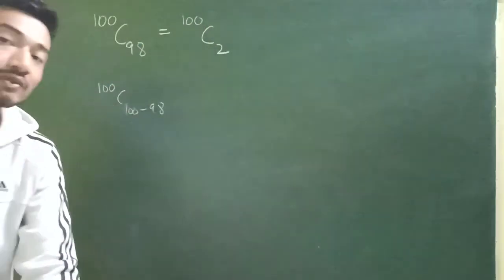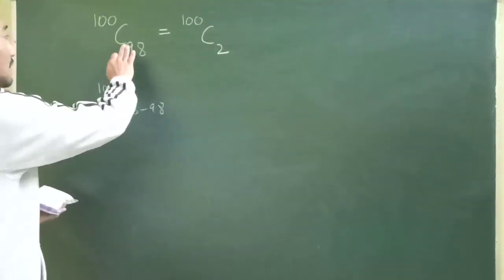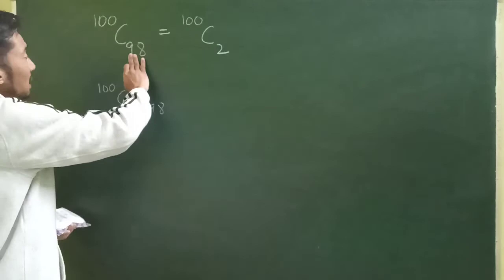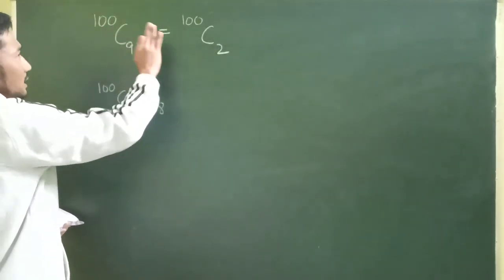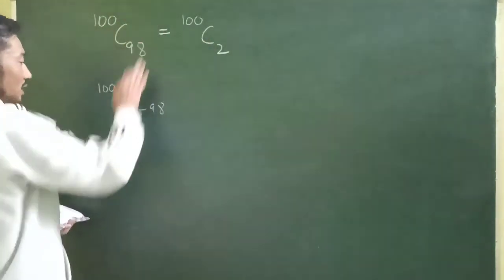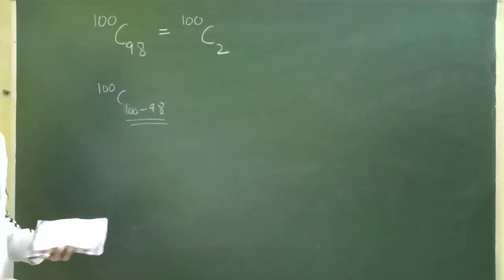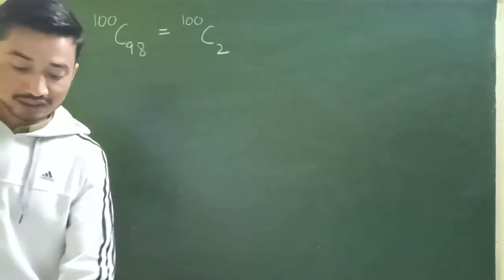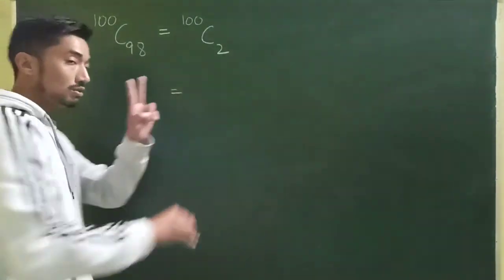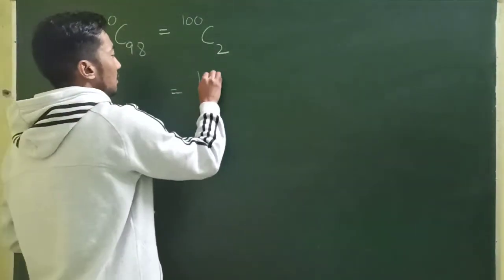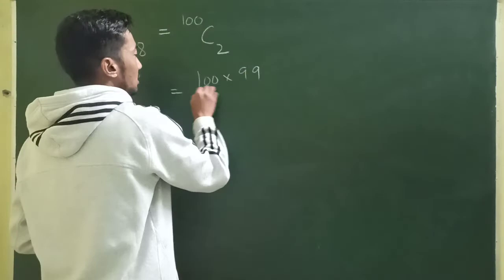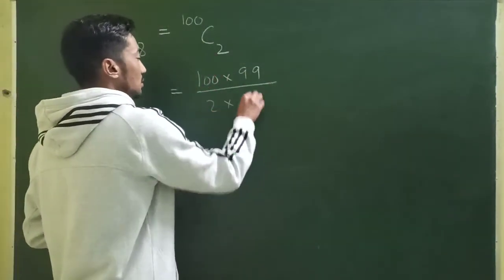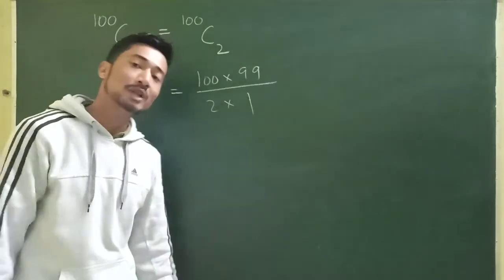So what value added to 98 will give me 100? 2. 98, 99, 100. So 100C2, or in other words, by that formula, nC(100 minus 98), nC2. And that will be easier for me to expand. So this time I'll expand 100 only 2 times: 100 into 99, and in the denominator I'll just go for the factorial of this 2 only, so that's 2 into 1.